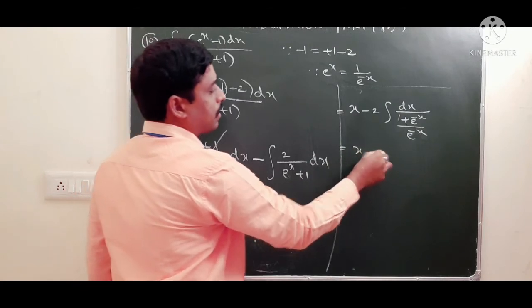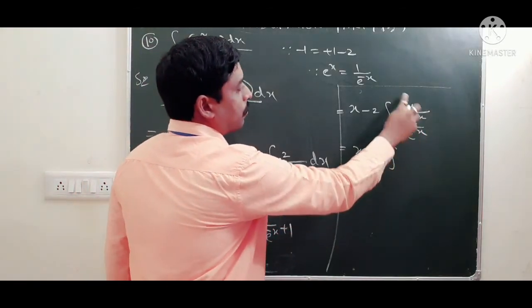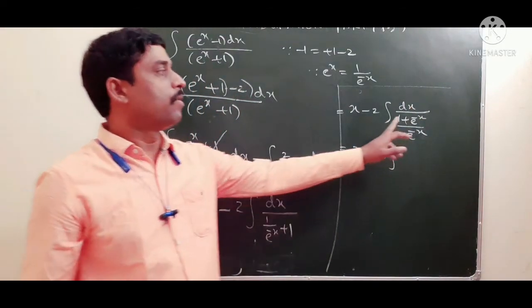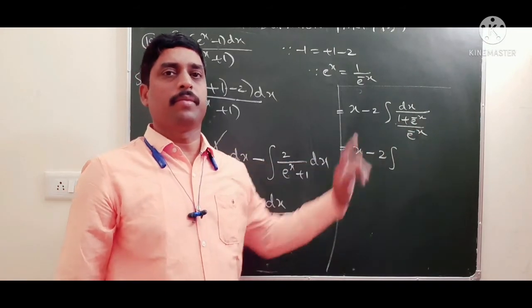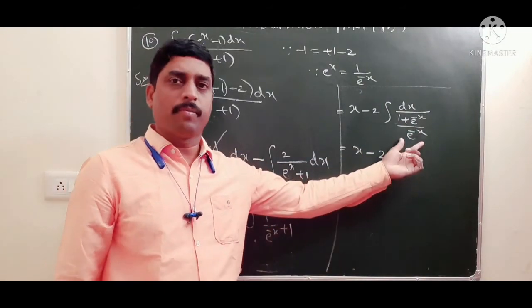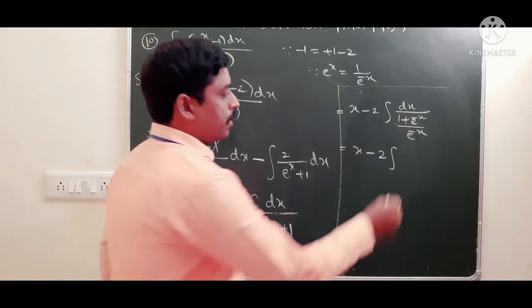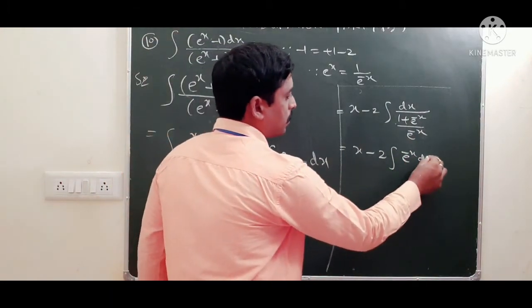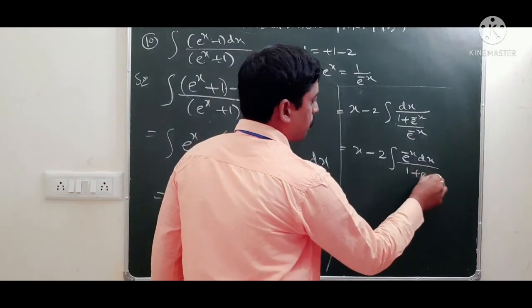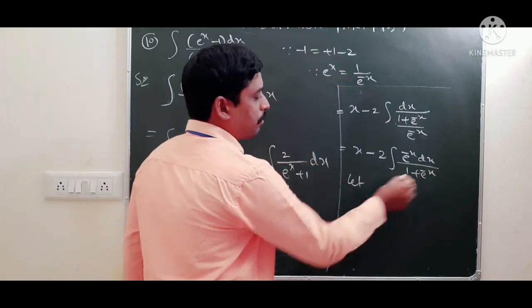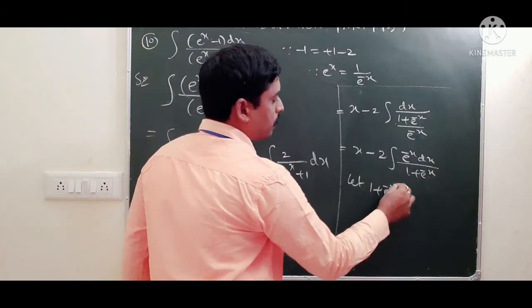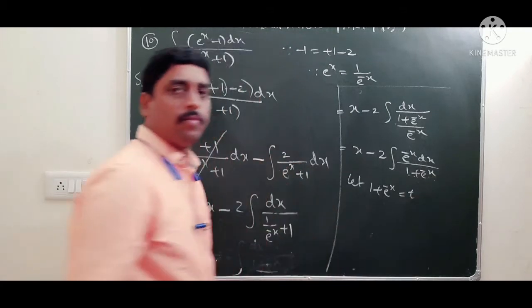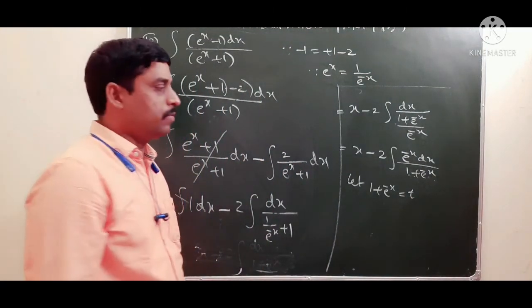This can be written as 2 times of dx by 1 plus e to the power minus x by e to the power minus x. This e to the power minus x multiplies with dx. So e to the power minus x dx by 1 plus e to the power minus x. Let us take 1 plus e to the power minus x is equal to t.